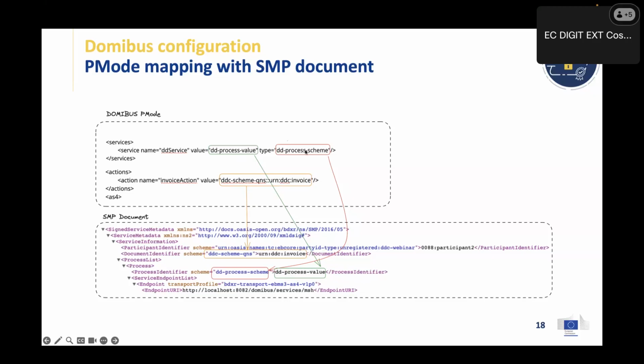The service type must match the process identifier scheme. For action, it must match the document identifier. You see there is a scheme and the value. They have to be set as an action with a double colon separation. So this is how you map the service metadata values into the Domibus P-mode.